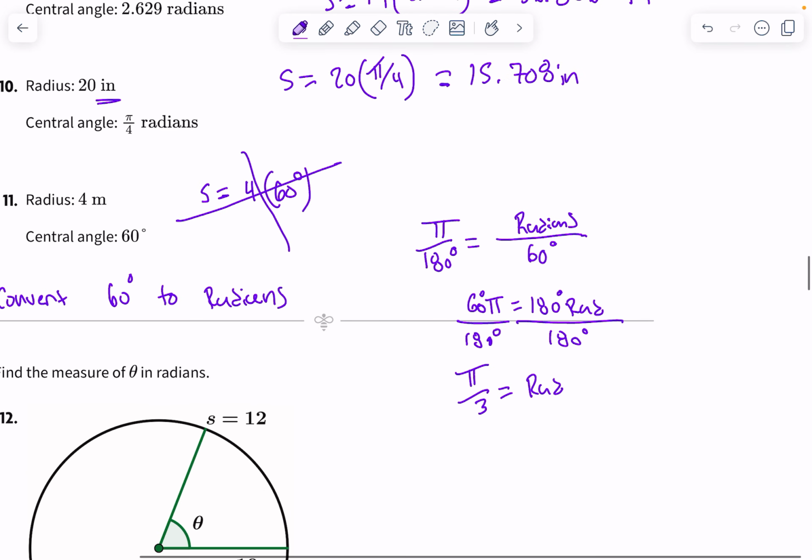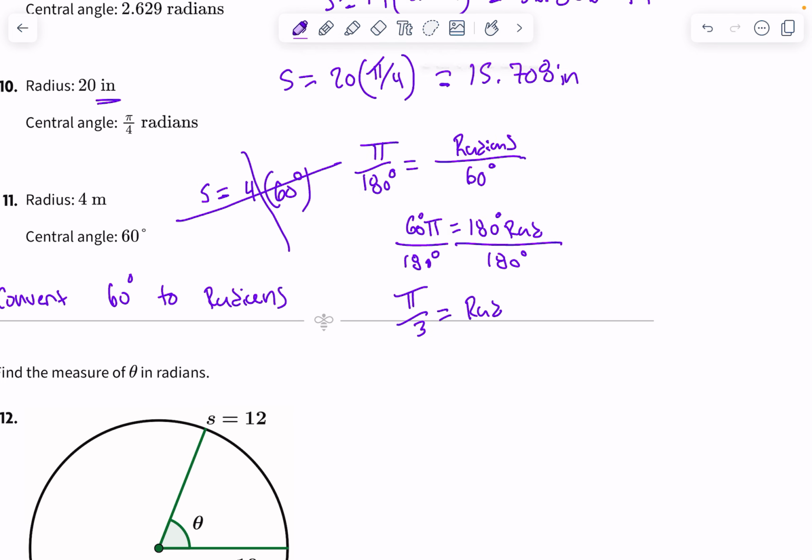So S, let's make this a little bit smaller, bring it to the top. Now S is equal to 4 times pi over 3, which is 4 pi over 3 meters.